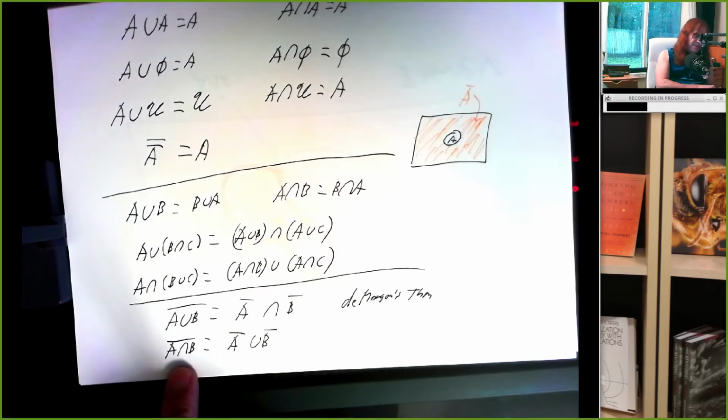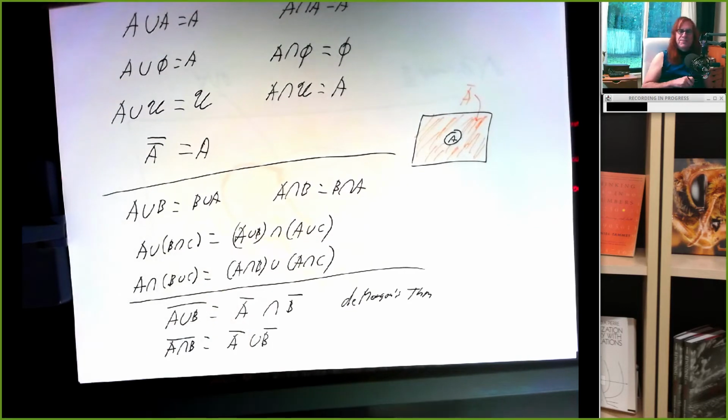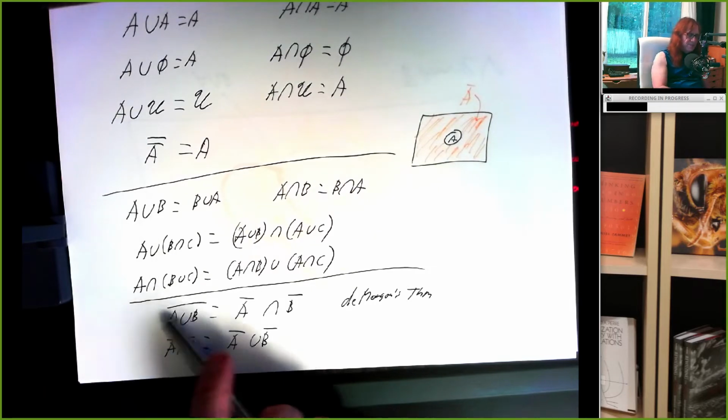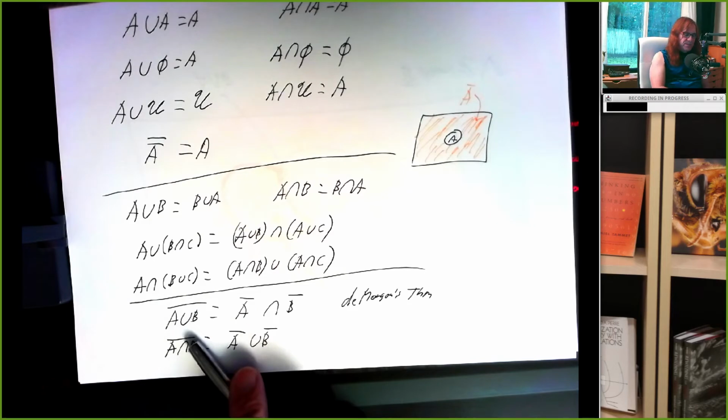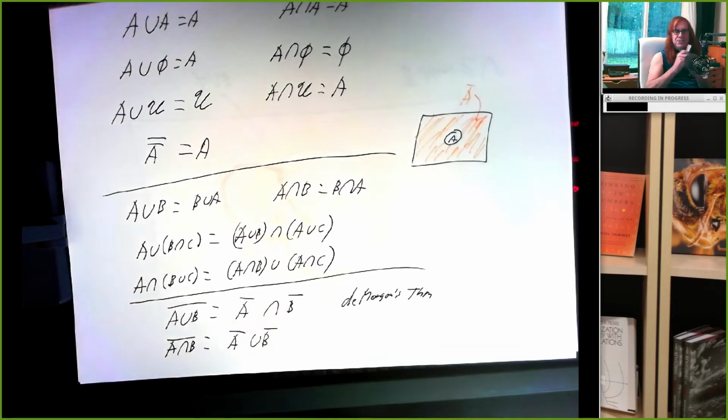And the complement of the intersection is the union of the complements. So if we want to split this bar up into individual things, we can do that as long as we switch between union and intersection. And there's a version of that from Boolean algebra. It looks almost exactly the same, except this is an or, this is an and.